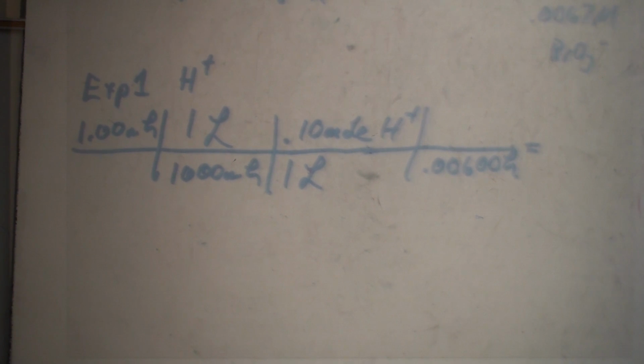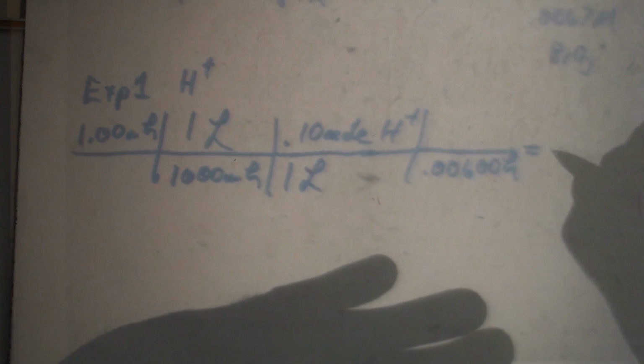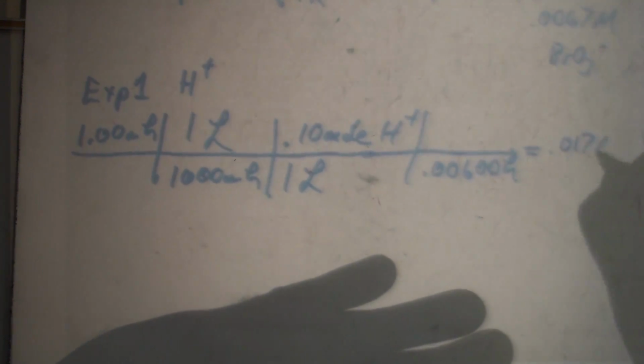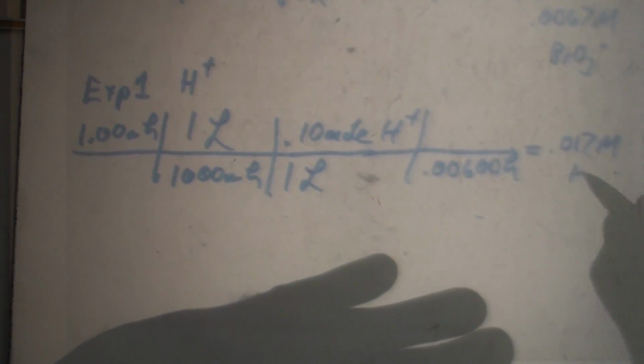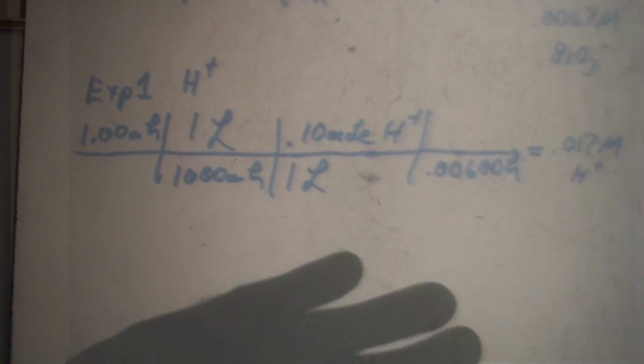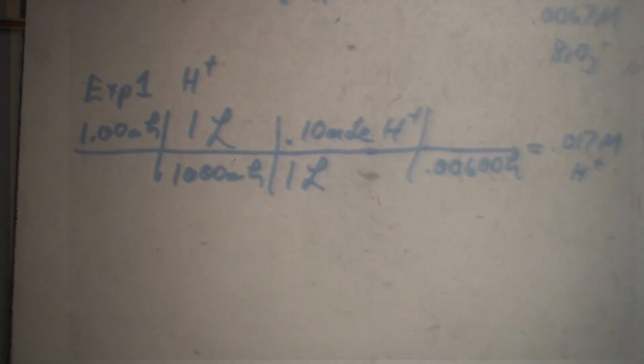And I got 0.016 or 0.017 is what I got. Understand? Very good.